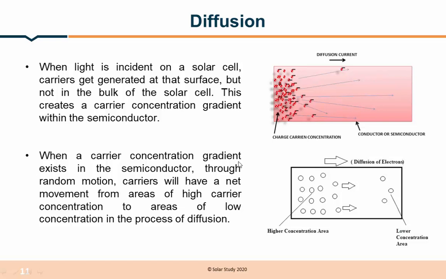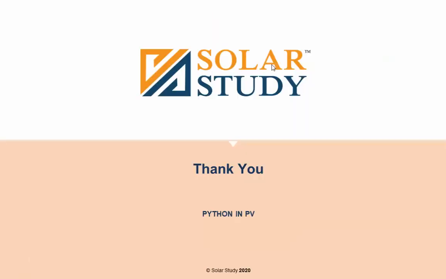When carrier concentration is present in the semiconductor, due to random motion of electrons and some due to light, it starts moving in a particular direction, aligns together, and generates current. This is the main fundamental of how diffusion of light produces electrical energy, voltage or current in the silicon solar cell.